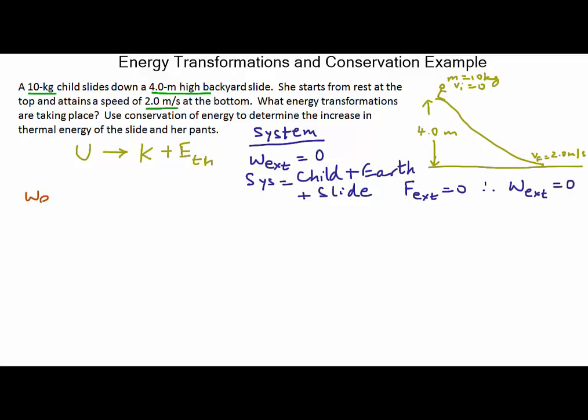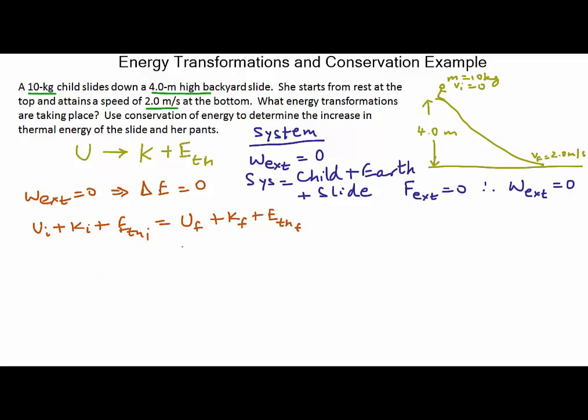So because external work is 0, that tells me that the change in total energy is 0, and in this case I've got 3 energy components to deal with, so I can set up Ui plus Ki plus E thermal i equals Uf plus Kf plus E thermal f.